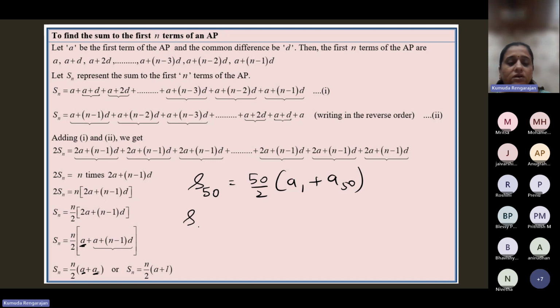If you're finding S125, that is the sum of the first 125 terms, a1 plus a2 plus a3 plus a4, and so on till a125, then S125 is equal to 125 by 2 of the first term a1 plus the last term. Last term means the 125th term, because you're finding the sum till the 125th term.